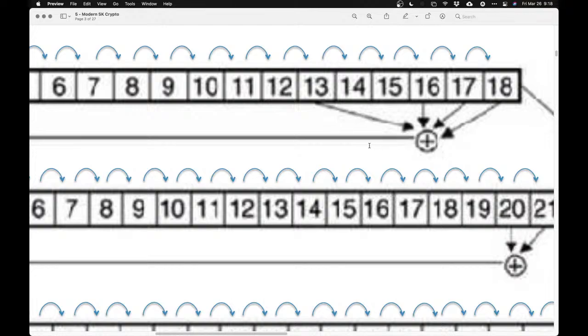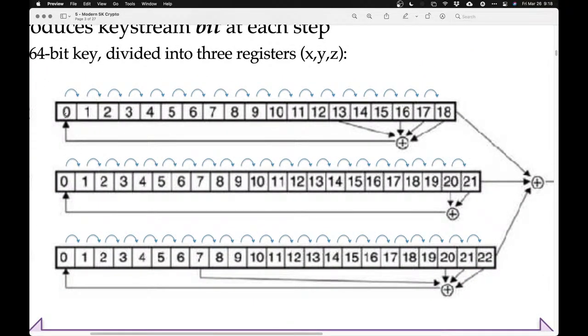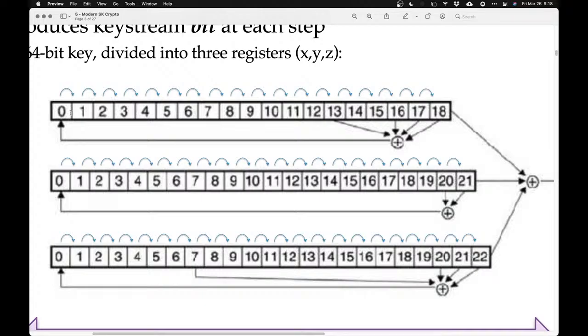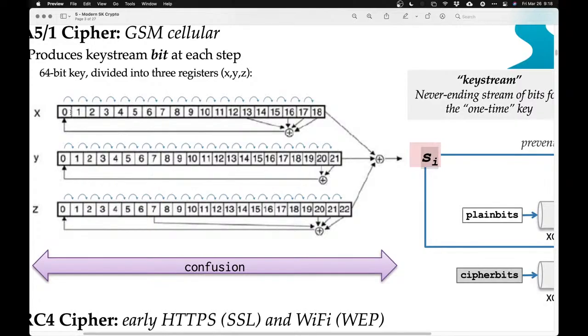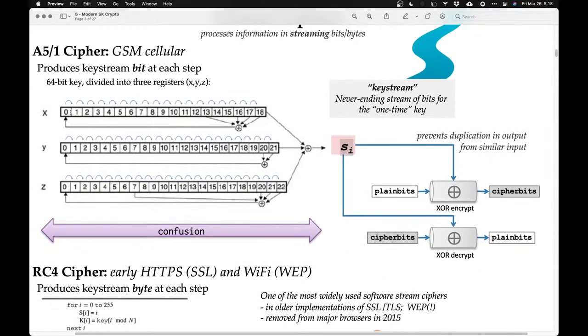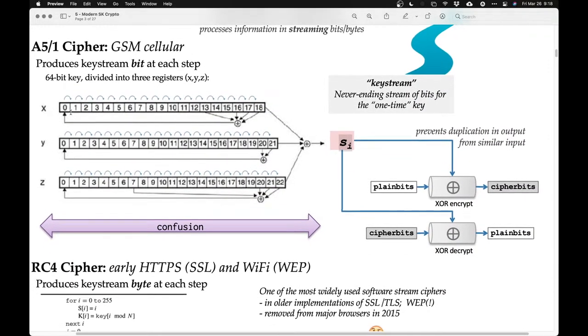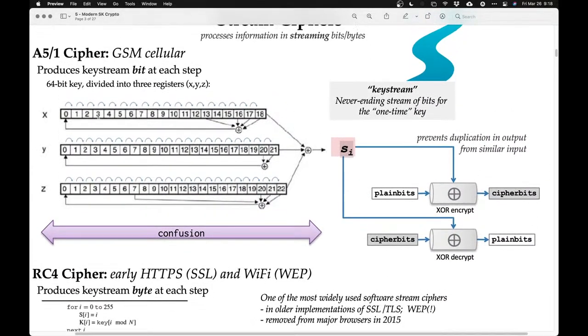We exclusive OR them together, and together they become the new bit number 0. So we are shifting these registers over, creating new key stream bits, and at the same time, we are regenerating the bits from the beginning as well, using the bits that are already in the register. All right? So this is how this key stream is generated. Any questions about that?